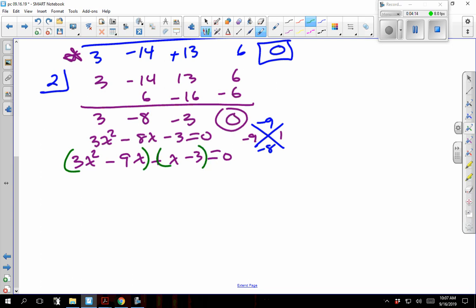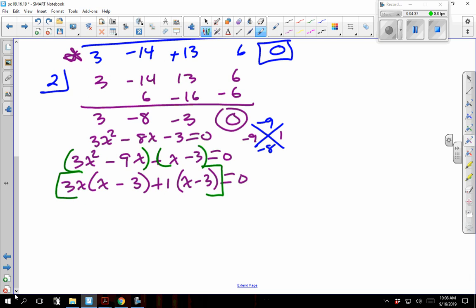And again, you might have to use the quadratic formula. You might have to complete the square. All depends on what's needed. I'm going to factor out a 3x. Leaves an x minus 3. Got to factor something out, so I factor out a 1, which doesn't change anything. Equals 0. We're going to regroup, and we're going to pull out the x minus 3.